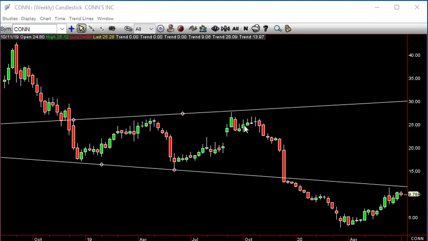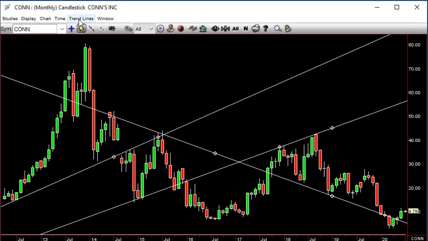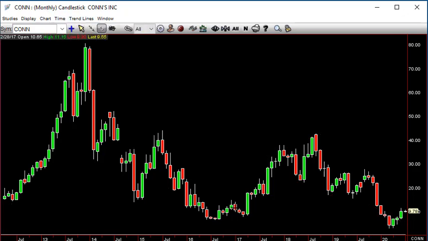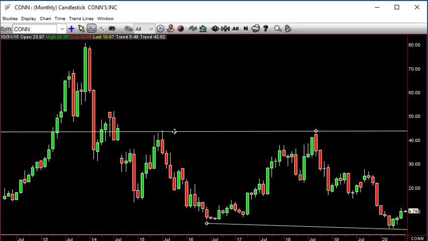CONN, you can see this continuation, stop them out, and peak. Now just down to a lower level. Monthly. Let's see, 43.95, 43.95 the high here. 42.65.